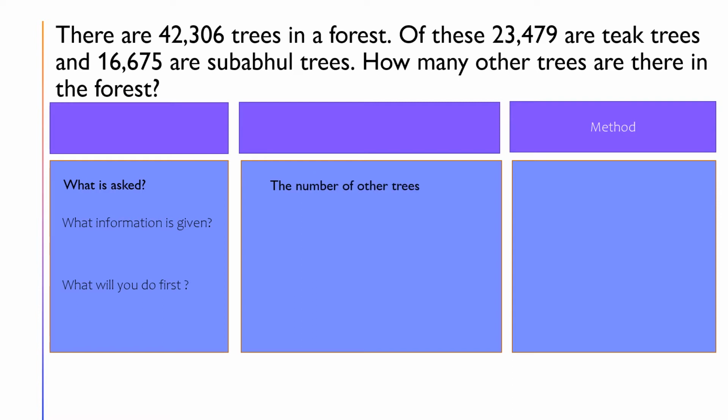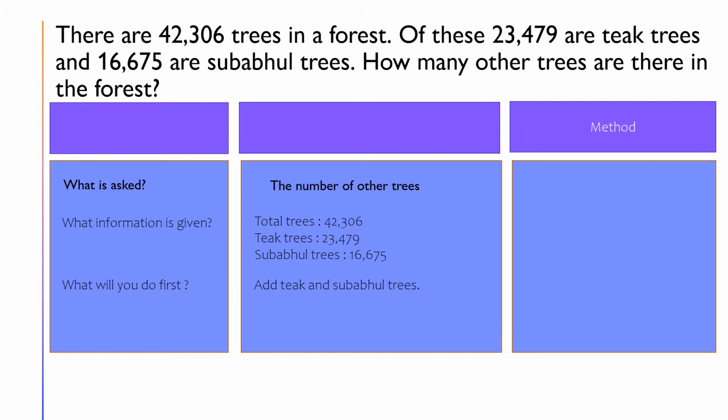Okay. Information given is total trees 42,306, teak trees 23,479 and suberbull trees 16,675. What will you do first? We will add teak and suberbull trees.